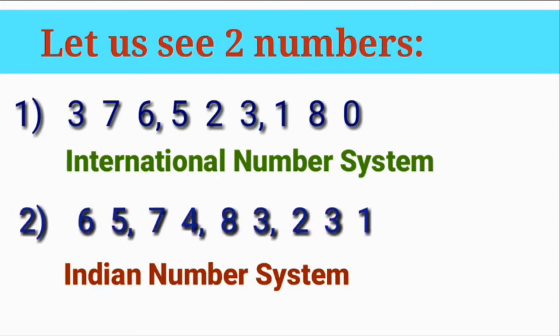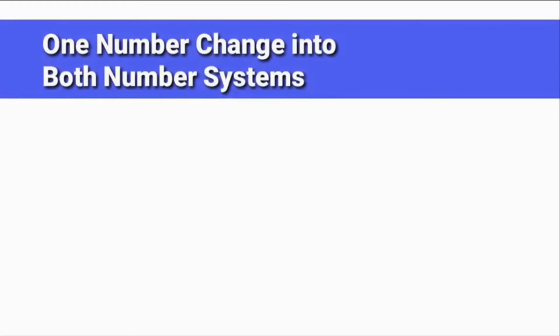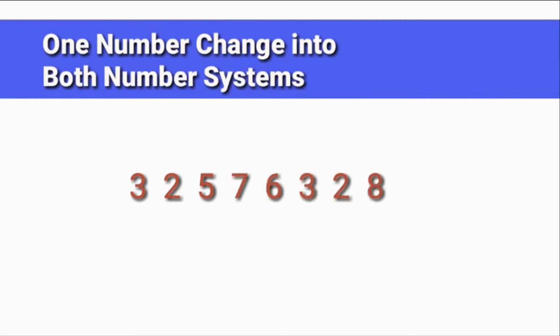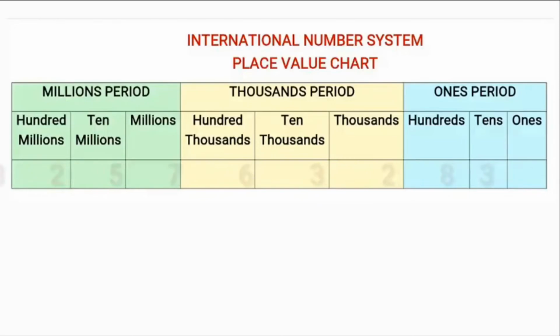Now we will put 9 digit number into international system place value chart and Indian place value chart. So let's have a number, 9 digit number, 3 2 5 7 6 3 2 8 and 3.